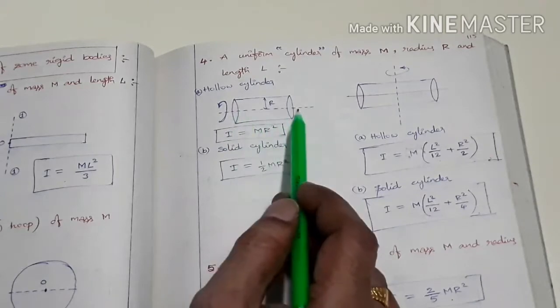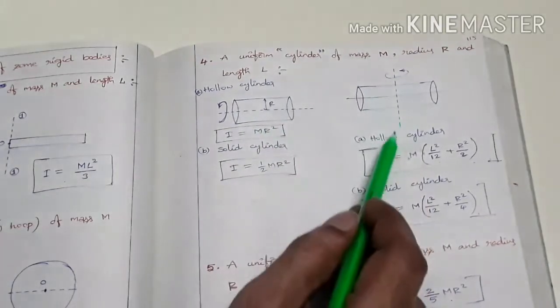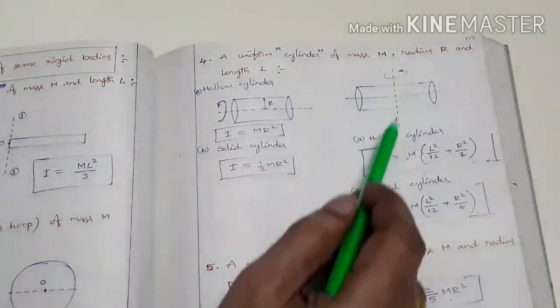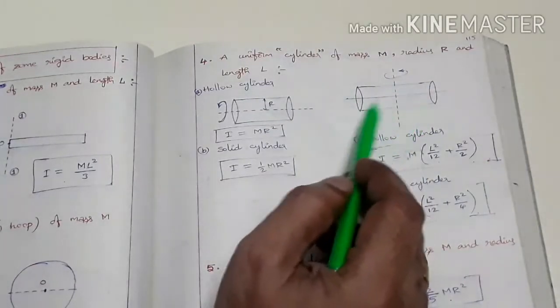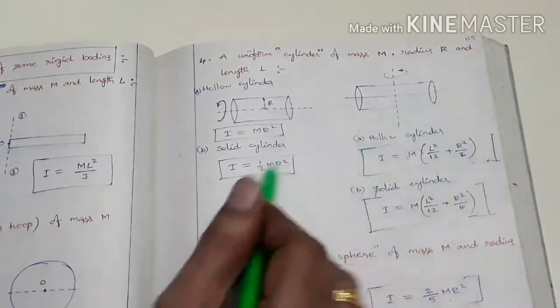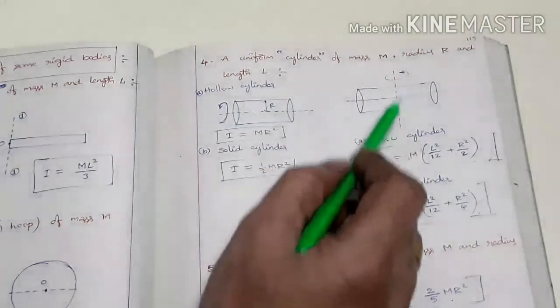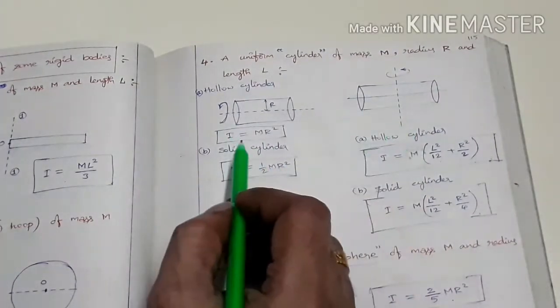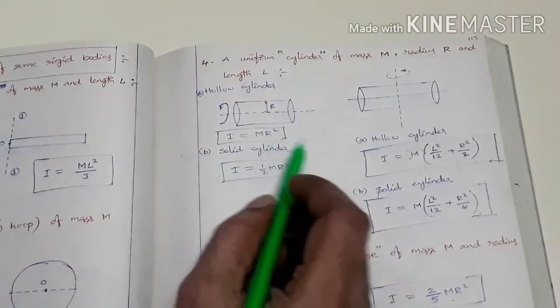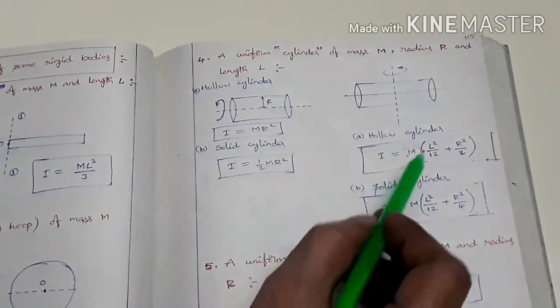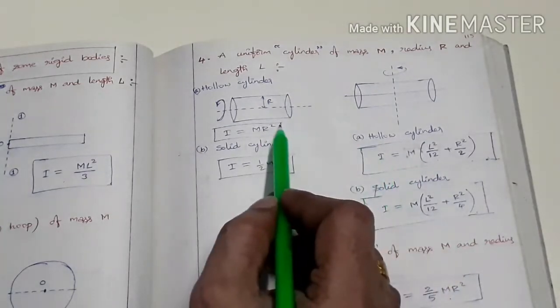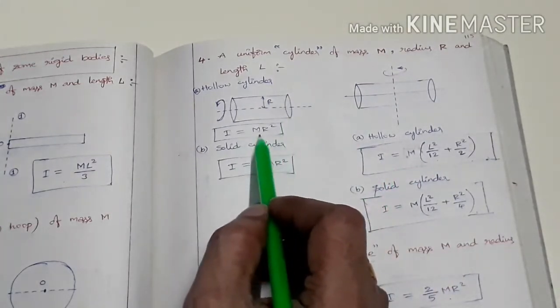This axis is known as the geometrical axis, and this other axis is not the geometrical axis. This is cutting the length of the cylinder at its midpoint, perpendicular to the length of the cylinder. For the geometrical axis, I equal to mr square.